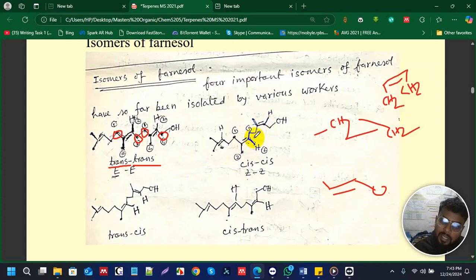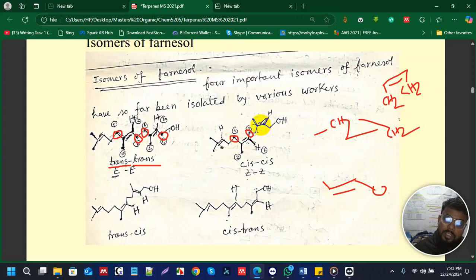In this double bond, this is a CH2 group attached to this carbon, and this is a CH2 group attached to this carbon. These two CH2 groups are on the same side, the upper side of the double bond. That's why it is a cis conformation.